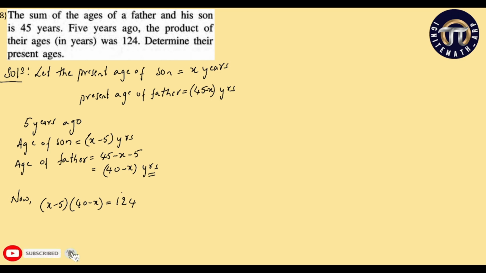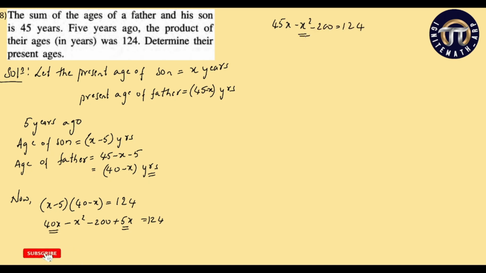So now when you simplify this, I get 40x minus x square minus 200 plus 5x is equal to 124. Clear? So now I can simplify wherever x is there, 40x and 5x, and write it as 45x minus x square minus 200 is equal to 124.